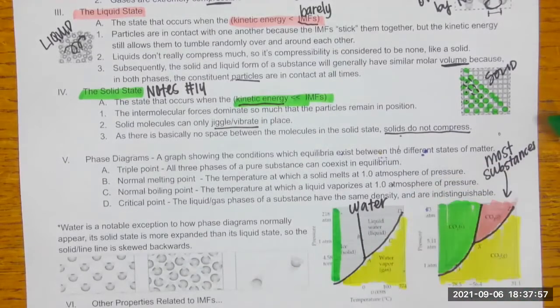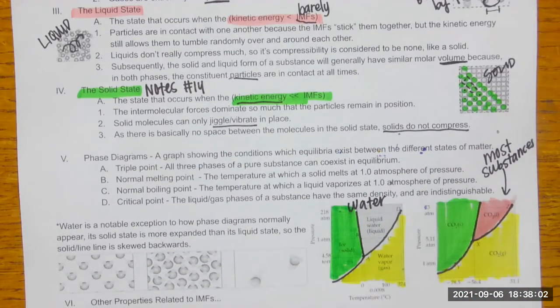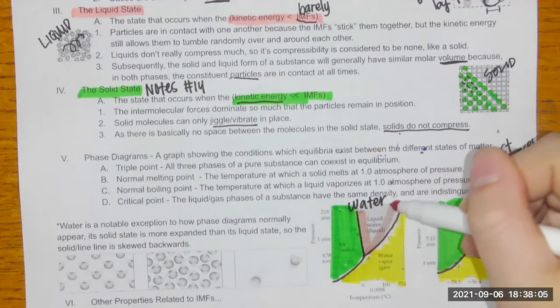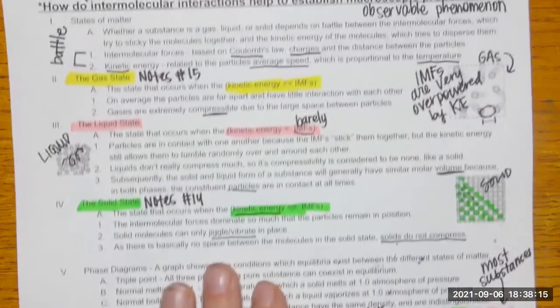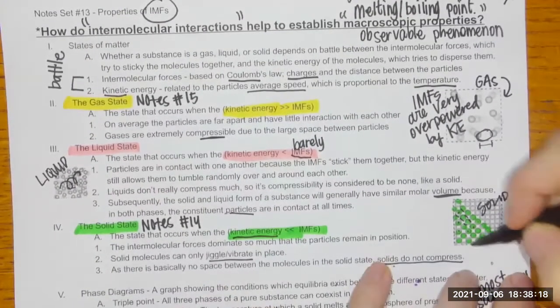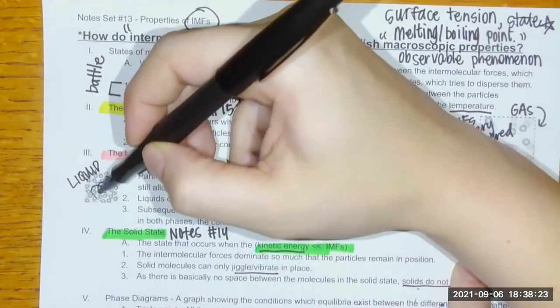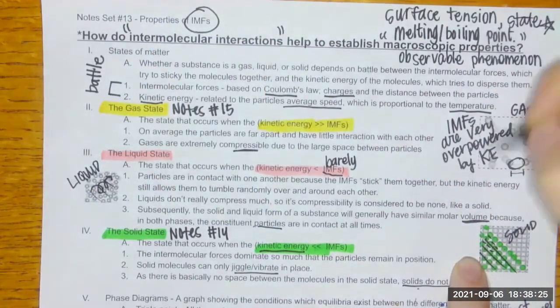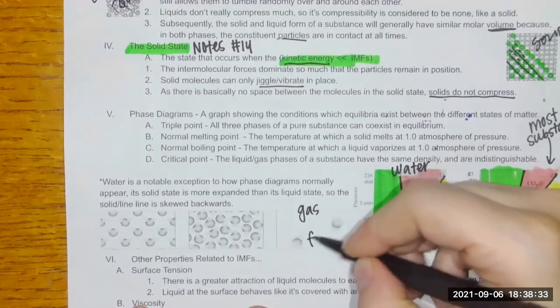Why do you think that is? So the reason that water does this weird thing, most substances, let me go back up to the top here. Most substances have solids that are really, really packed, and liquids are still really packed, and then gases are not packed at all. But with water, this weird thing happens where we're like gas, okay, far apart, that's cool.